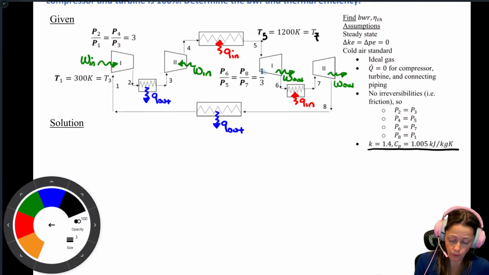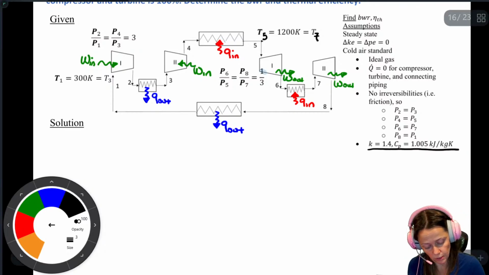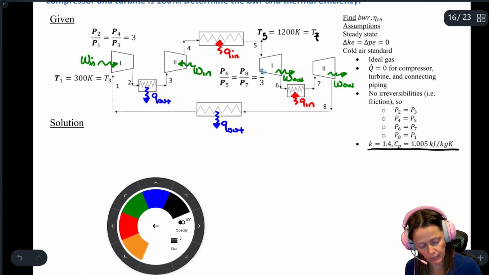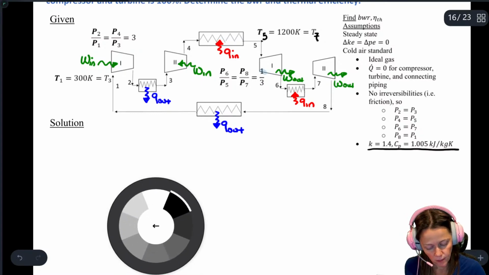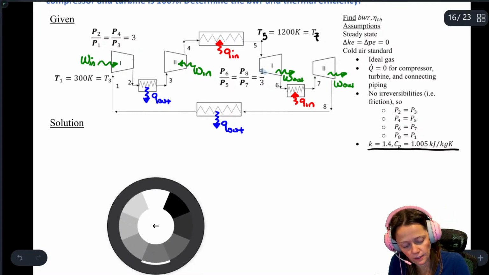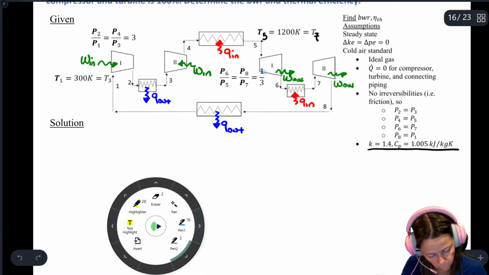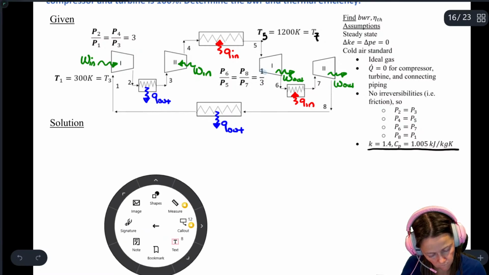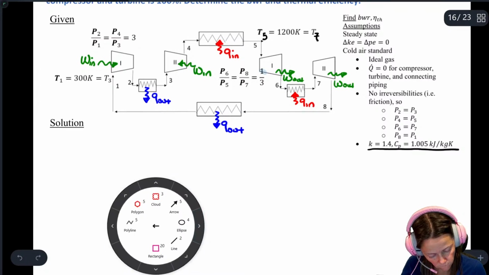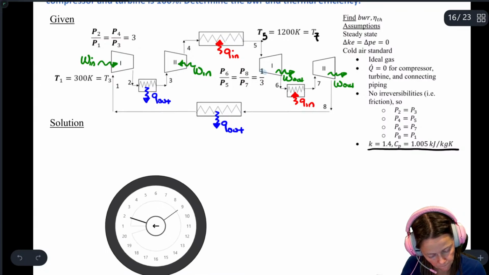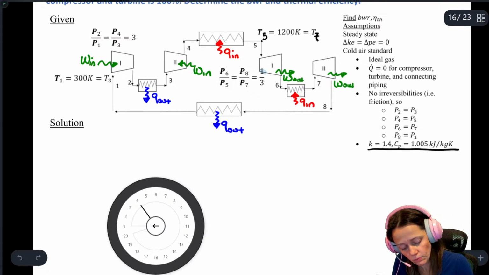So, if I wanted to, let's get my back work ratio. Keep in mind that all of these components are drawn a little bit funky here. They're all connected.